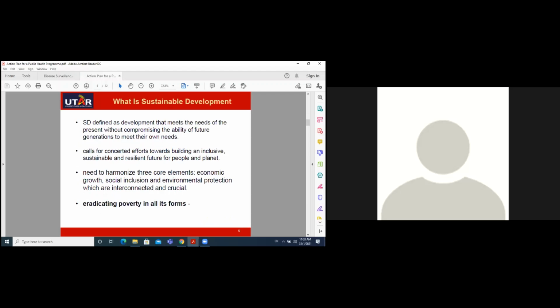And this public health policy, we draft or prepare according to the Sustainable Development Goal. So what is a Sustainable Development Goal here? It is defined as development that meets the needs of the present without compromising the ability of future generations. Okay, so we have this Sustainable Development Goal throughout the country.